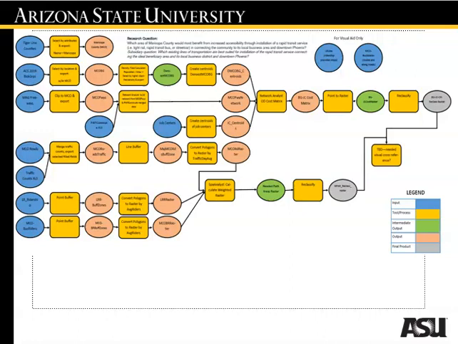Now, sometimes they have green circles, which signify intermediate outputs. So outputs that were created along the way as part of the process. And then at the very end here, you can see that they have gray colored circles for the final product outputs. So in this case, there's sort of two different flows of analyses, likely from two different questions that were part of their project.